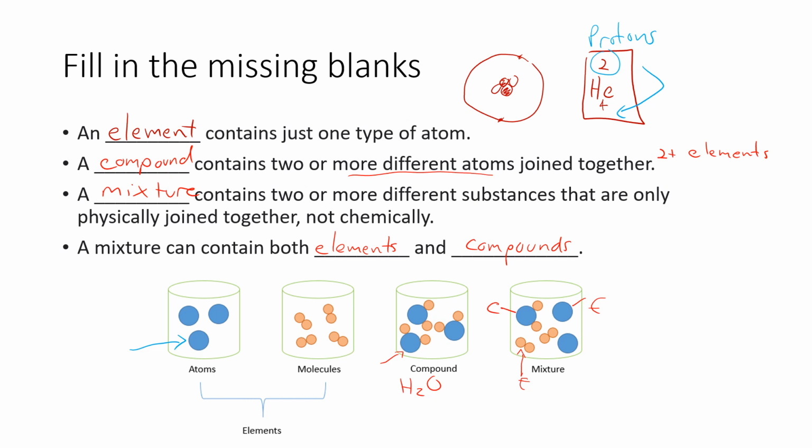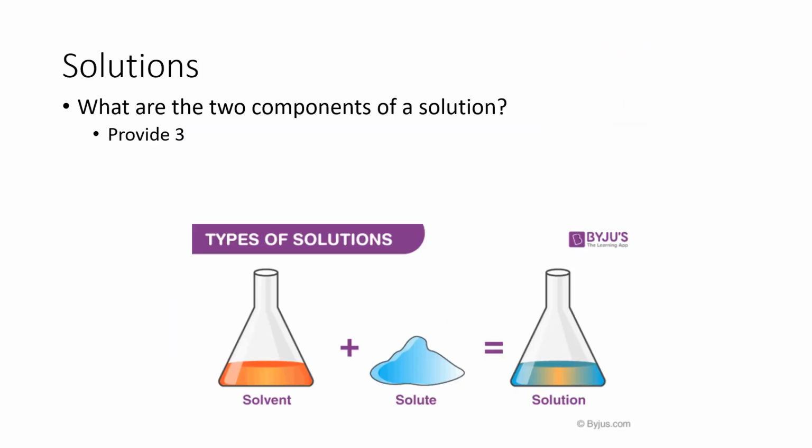Okay? All right. So when we talk about solutions, I want you to know that a solution is a type of mixture. And in this, we have two things. We have a solvent and a solute. If you think about this, let's say you make a pie graph here.